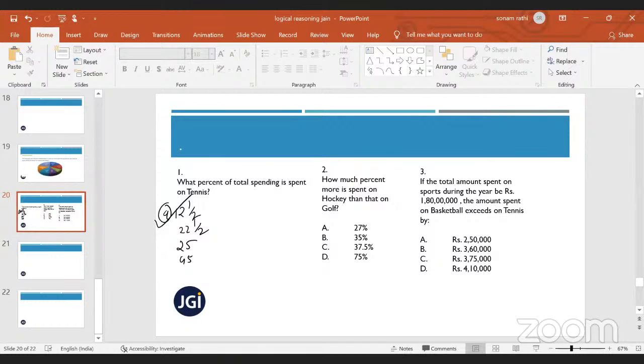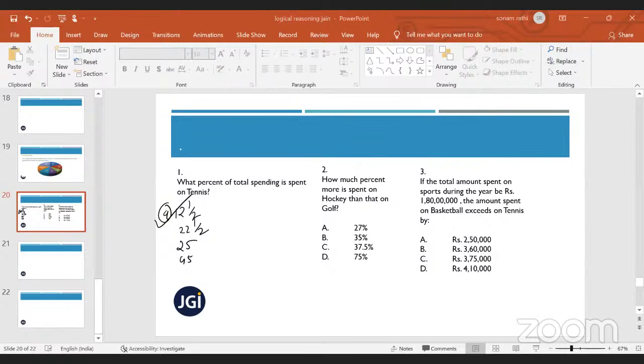Question number 2. How much more percent is spent on hockey than golf? Convert both of them into percentage, golf and hockey.